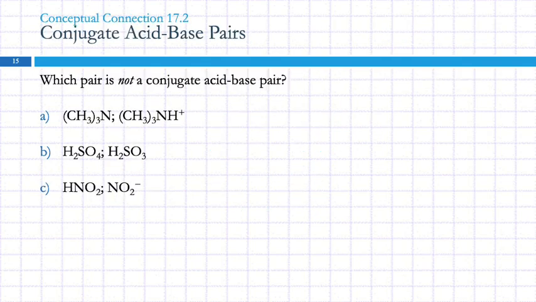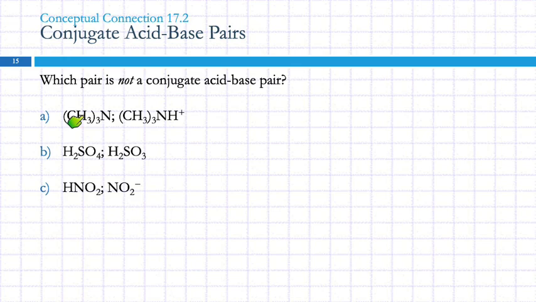Okay, which of these pairs is not a conjugate acid-base pair? What we're looking for is the difference in the formula to be just H+. One has it, one doesn't. What about these 2? Is this a conjugate acid-base pair? Yeah, it is.